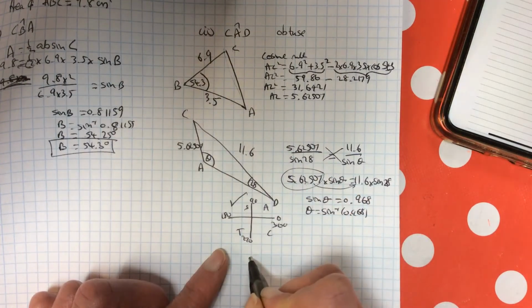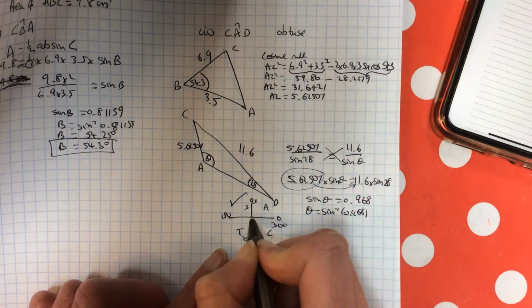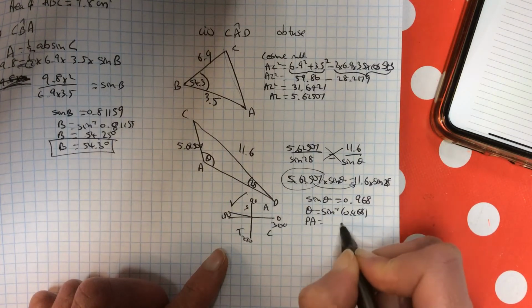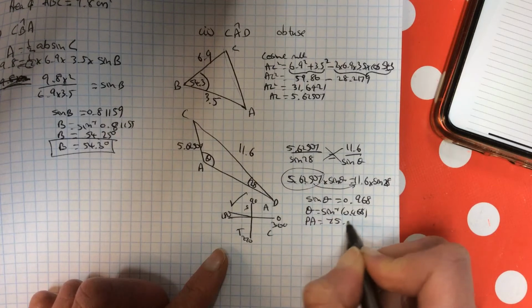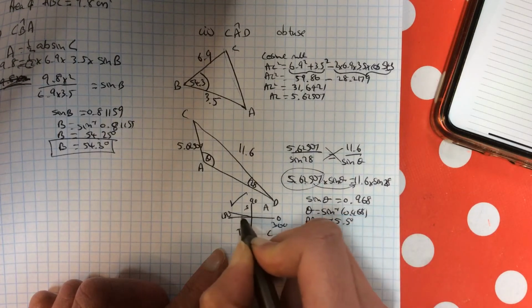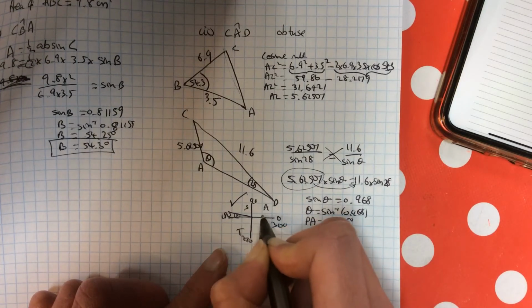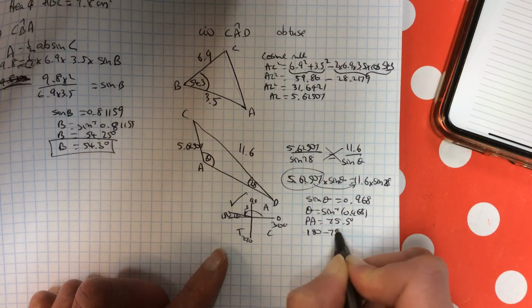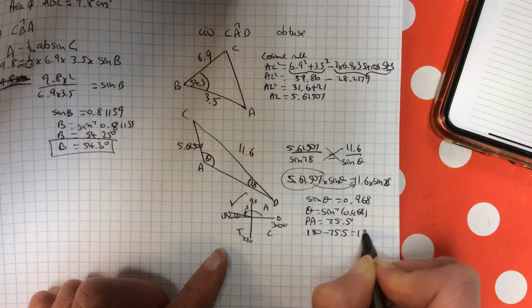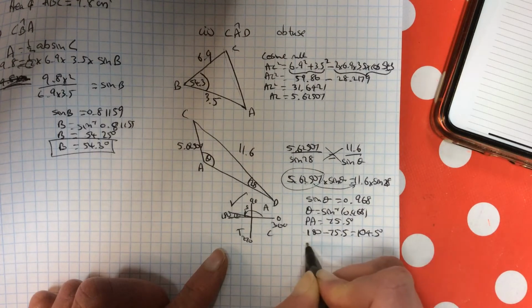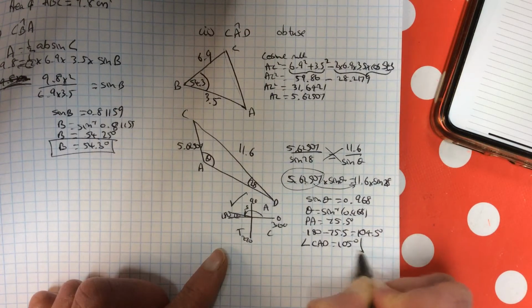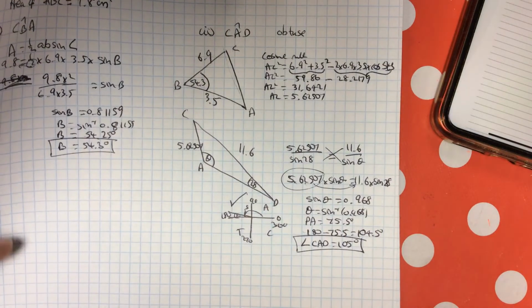So I'm in this quadrant, because obtuse means between 90 and 180. The principal angle here is when you work out inverse sine of that, so 75.5 degrees. I want this angle, so to find it, I will go 180 minus 75.5 to give you 104.5 degrees. So angle CAD is 105, giving it to 3 significant figures.